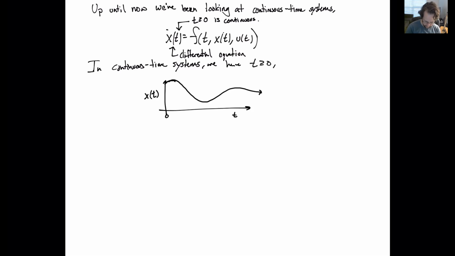However, what if we can only sample it at discrete intervals, at periodic intervals? So let's say that we can sample it here at t1, here at t2, here at t3, t4, and so on.